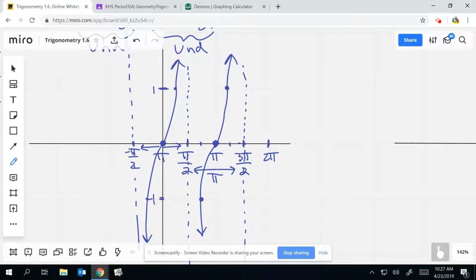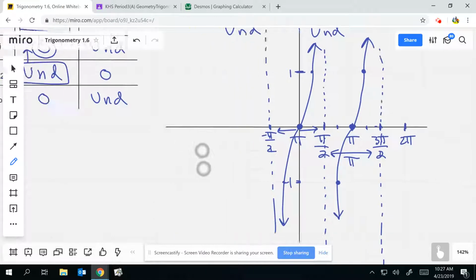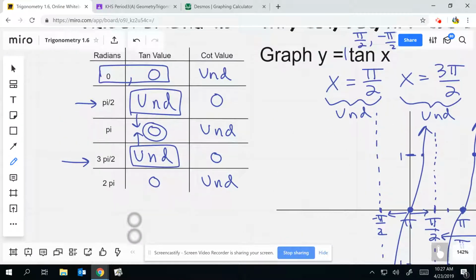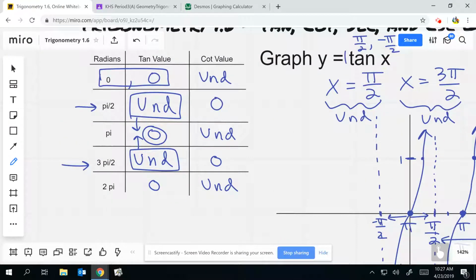Like in this graph, we could not graph pi over 2 or negative pi over 2. Those are undefined. Where in cotangent is our undefined values? Do you see one right here? That's at 0. Do you see another one right here? That's at pi. That's going to be as centered as you can get. And notice again, halfway between them is always a 0.